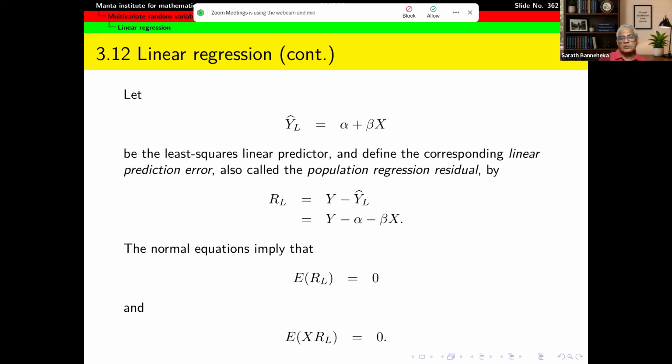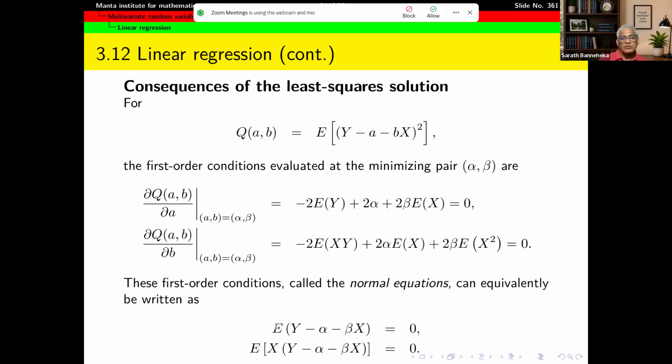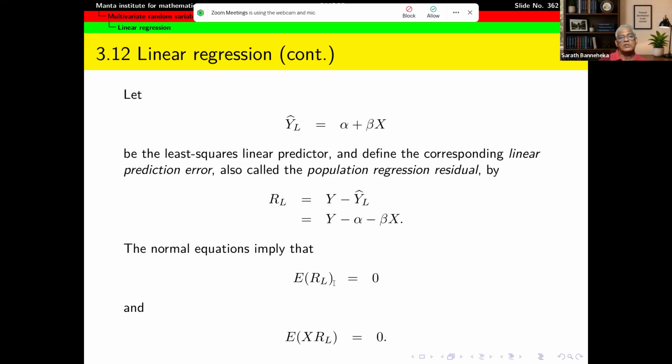Now, this equation is the expected value of the residual, where L denotes the linear function. So the expected value of the population regression residual should be equal to 0.